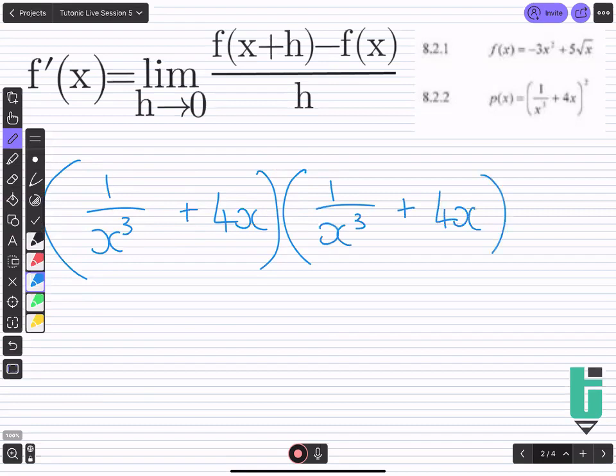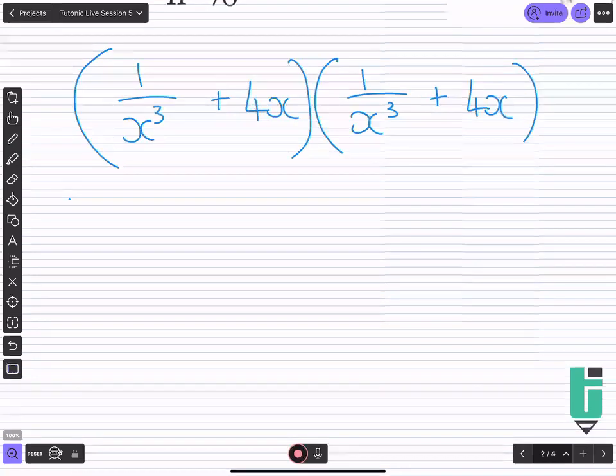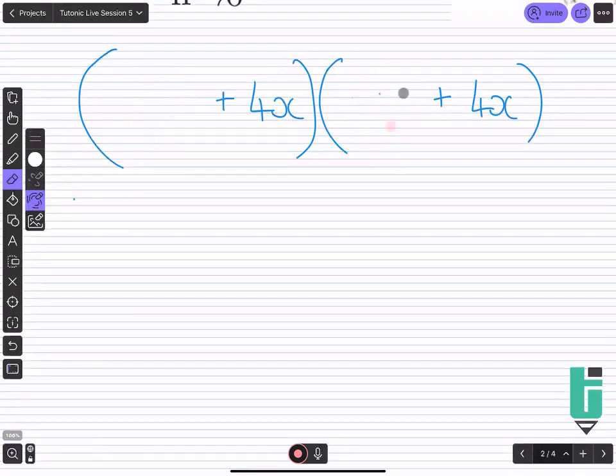FOIL it. Can we write the 1 over x to the 3 as x to the minus 3? Just looks better. Yeah, sure. We can write it as x to the minus 3, just to make it easier. We're all going to end up doing that in any case. Right. X to the minus 3.